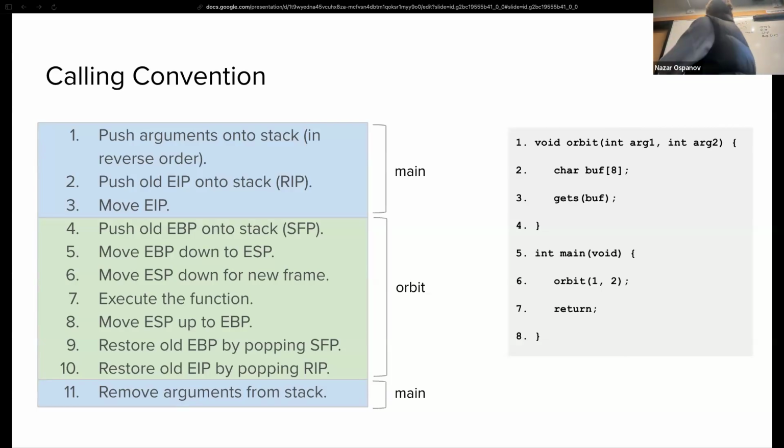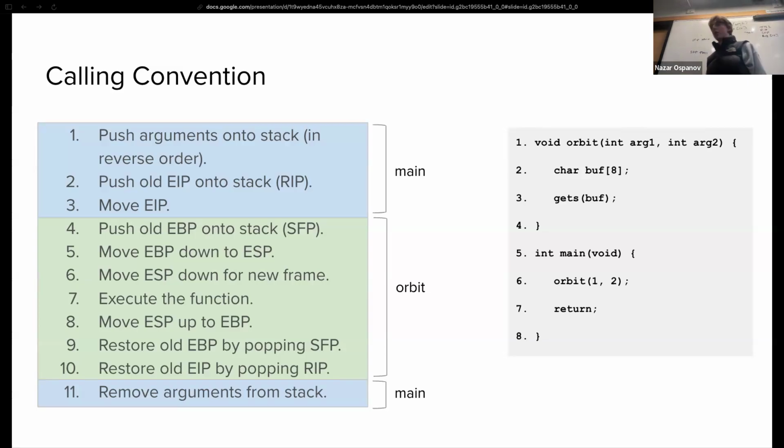If main is calling foo, main is known as the caller, and foo is the callee. The blue portions are done by the caller. Then at the green, when the execution is passed over to the callee, the callee will take care of steps 4 through 10.